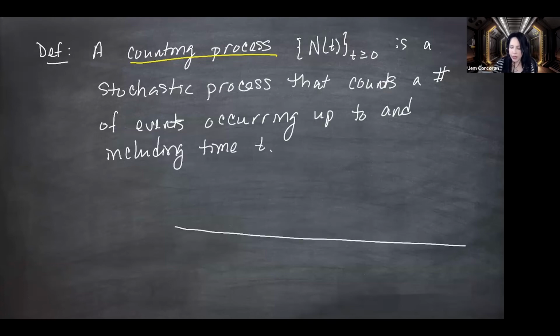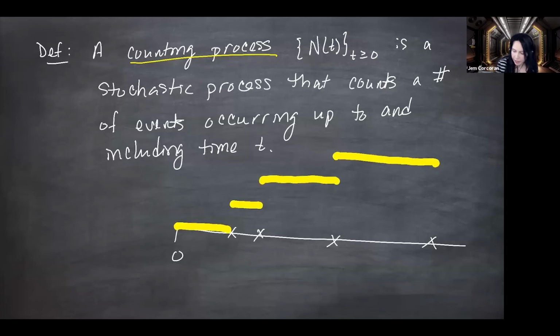You're going along in time and events occur at random times that are going to be continuous random variables for us. If you draw this process, you run along nice and flat and then you jump up by one, and then you jump up by one again. This is what a counting process looks like. It looks like a step function, and it's not necessarily Markov.